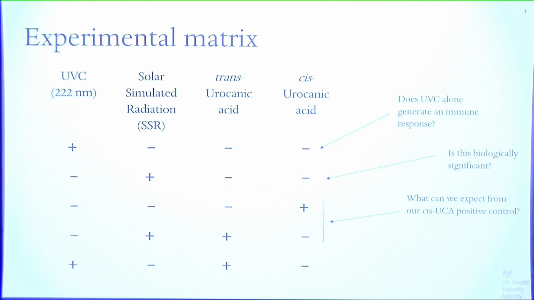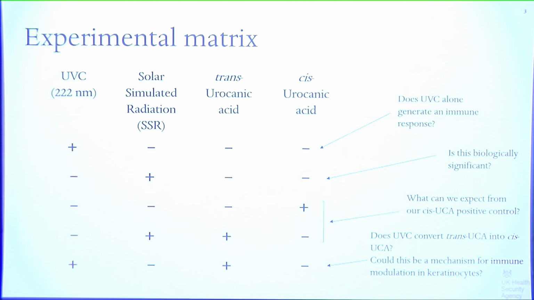We've got our exogenous application of cis-urocanic acid in keratinocytes, plus our combined exposures with trans-urocanic acid and solar simulated radiation. So this was to see what sort of immune response we can expect to see, as well as if there are any differences between cis-UCA alone or with our combined exposures.